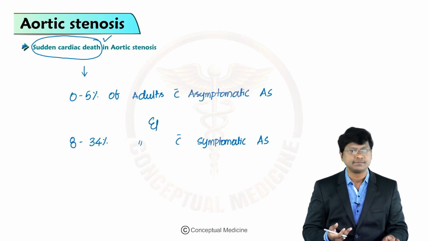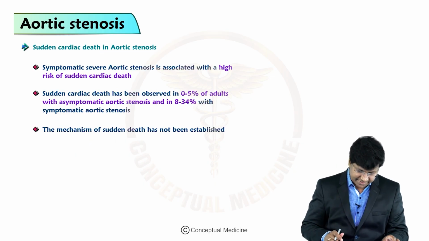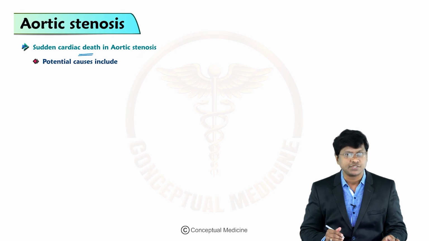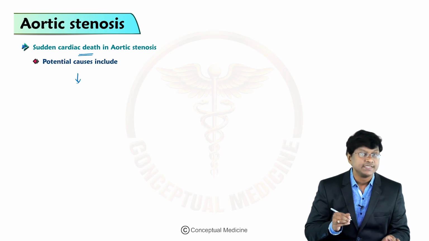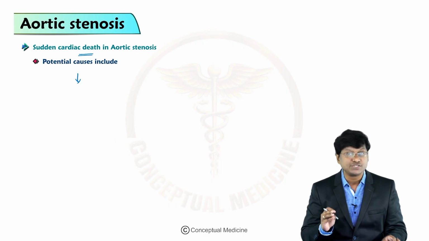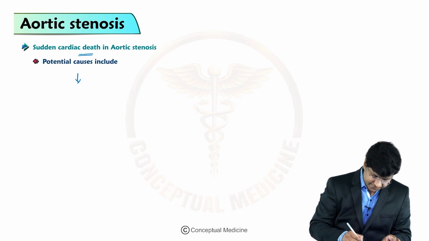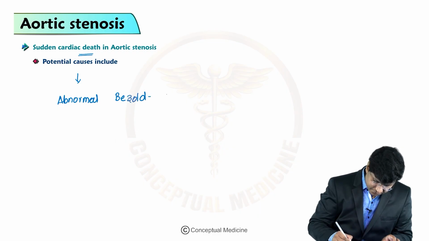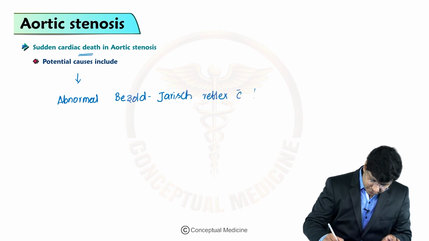And what is the mechanism for the development of sudden cardiac death? Let me tell you. Sudden cardiac death in aortic stenosis, what are the potential causes, right? The potential causes include abnormal Bezold-Jarisch reflex with hypotension, right?